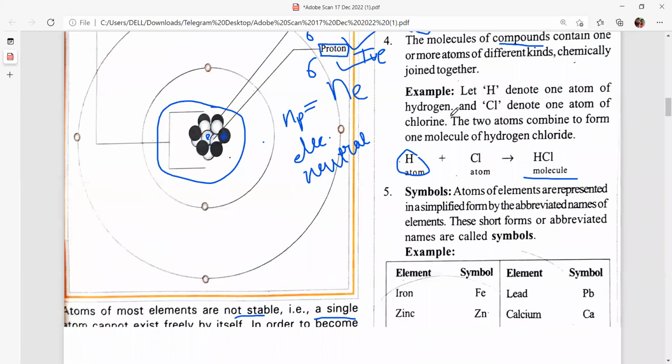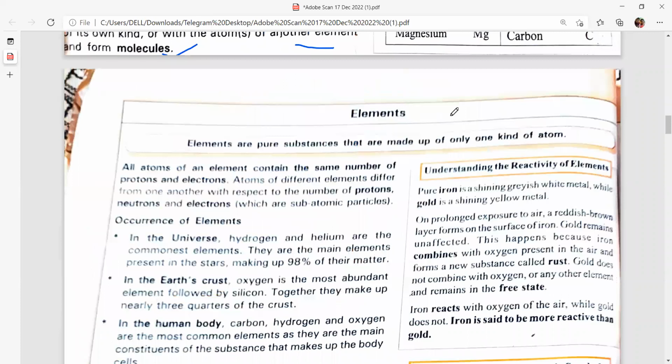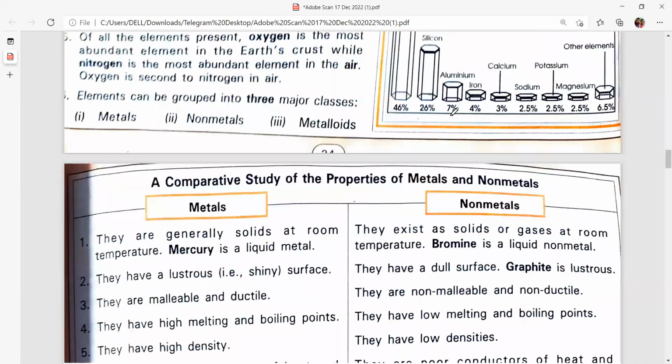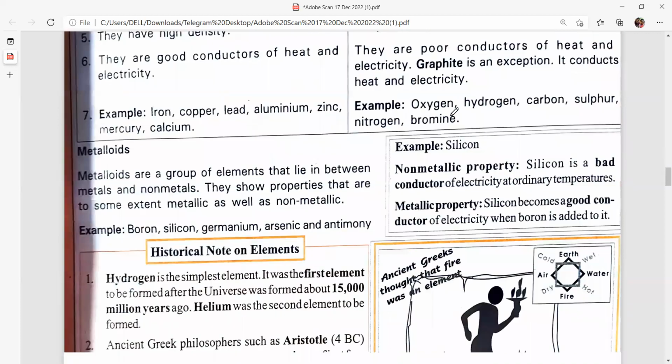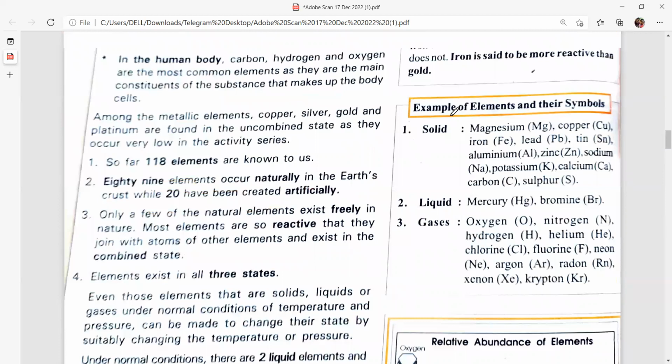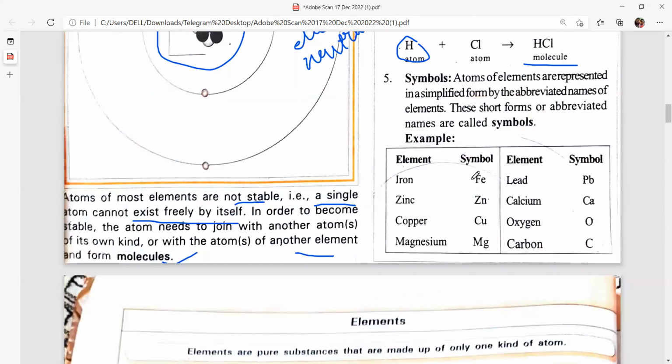Now your symbols. You have to remember some symbols because at this stage, valency and all are not given in your course. Just see here, iron is Fe. These are the symbols that represent the elements. Zinc is Zn, copper is Cu.